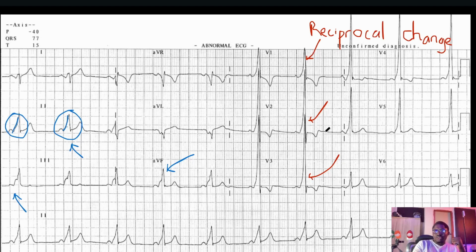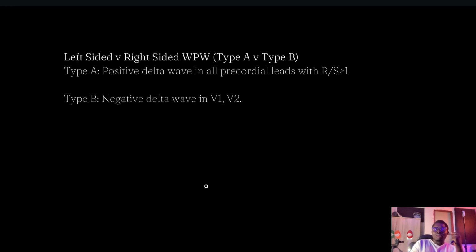ST depression in V1, 2, 3, which would suggest a posterior infarct. On the opposite side, positive R wave in V1, right, suggests a pseudo infarction, shortened PR interval. But ultimately, those are all the findings.